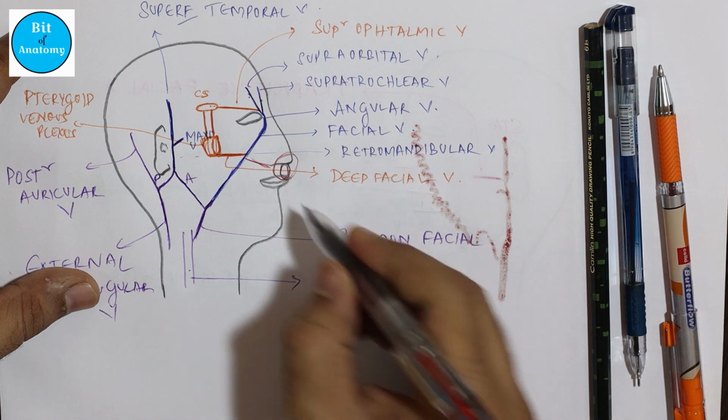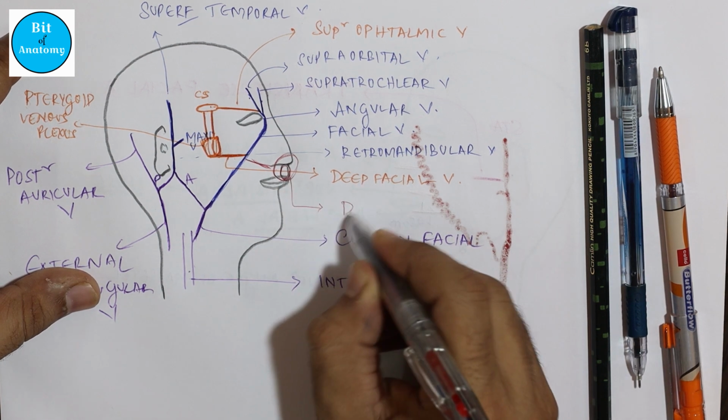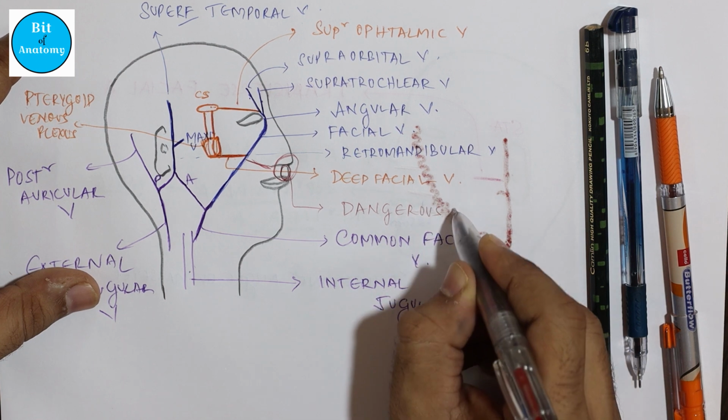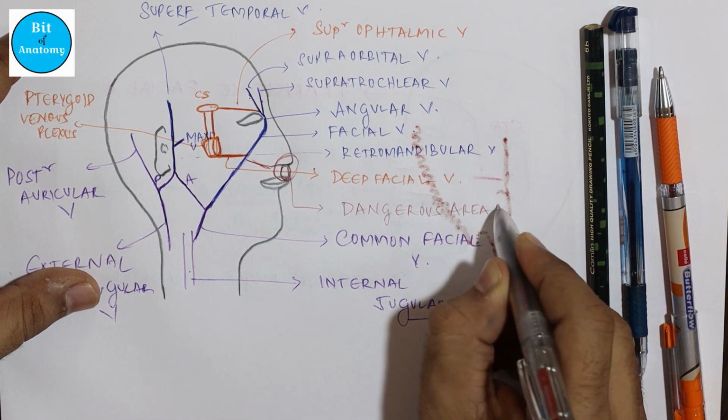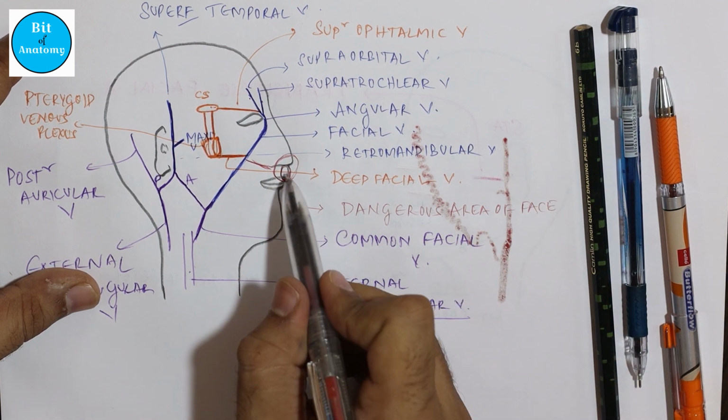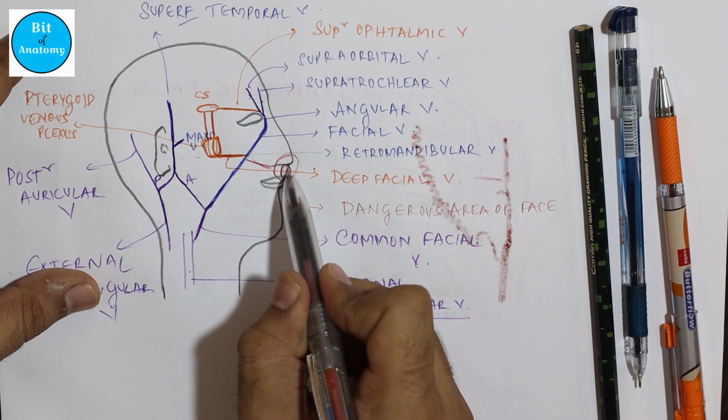That's why this region is called the dangerous area of the face, which includes mainly the middle part of the upper lip and even a part of the nose. Some consider only this small part as the dangerous area.